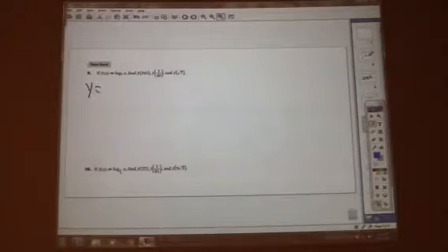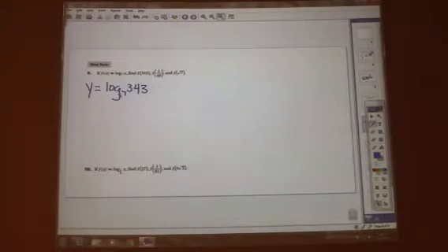So y equals log base 7 of 343. So how would I write that? Just like we just did.